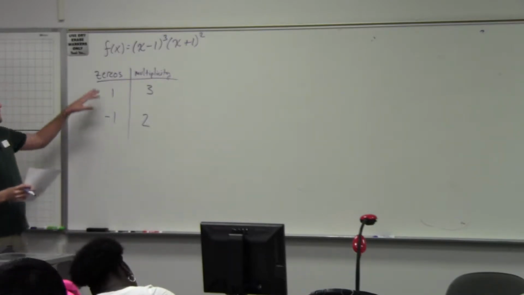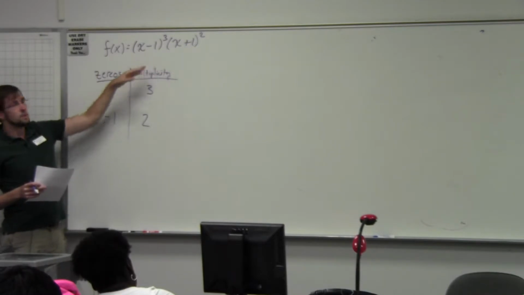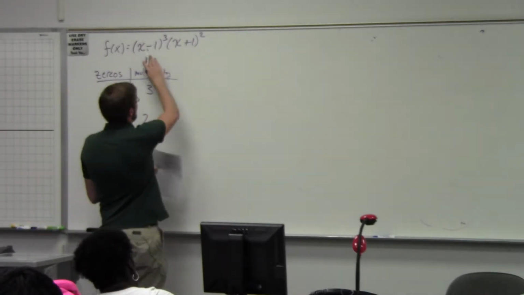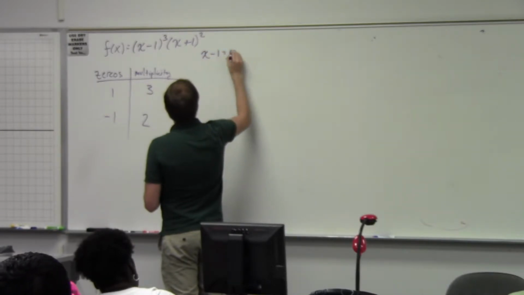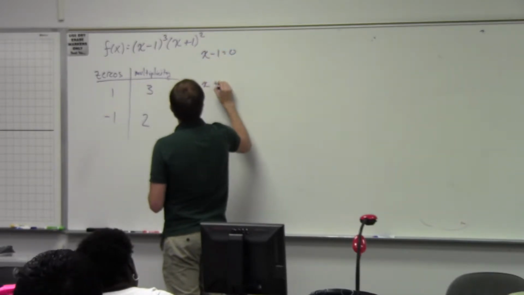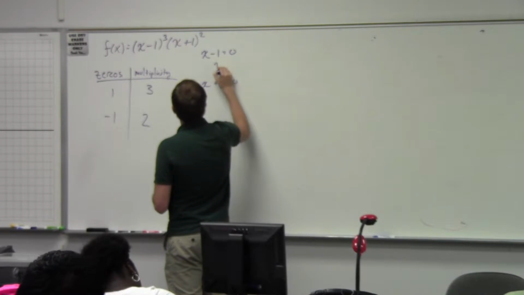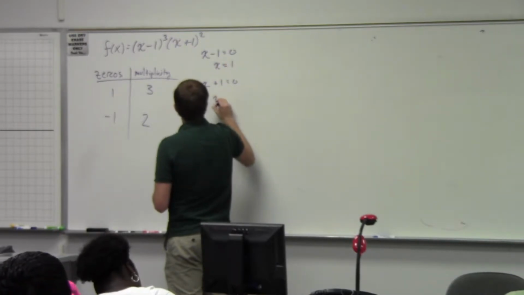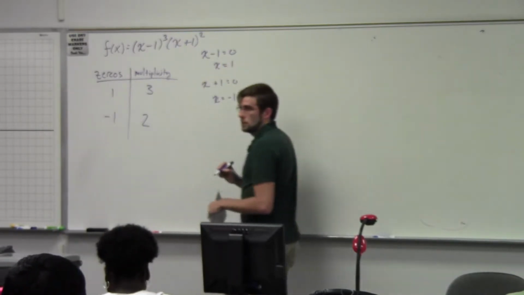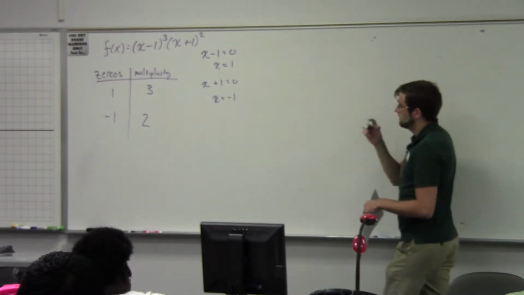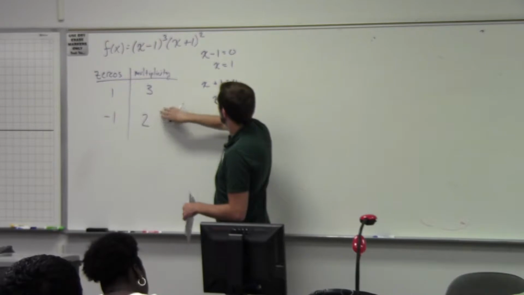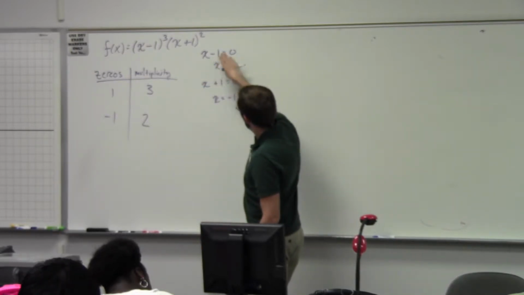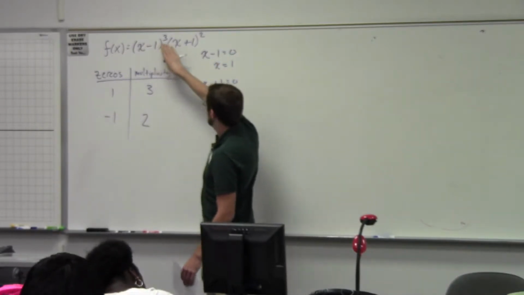Once you put zeros... So remember, to find the zeros, you just take the inside part and set them equal to 0. This one gives me x equals 1, and this one gives me x equals negative 1. So negative 1 belongs to this guy, who has a multiplicity of 2, and 1 belongs to this guy, who has a multiplicity of 3.